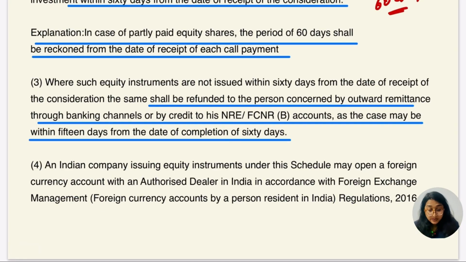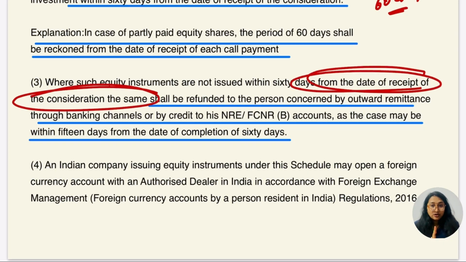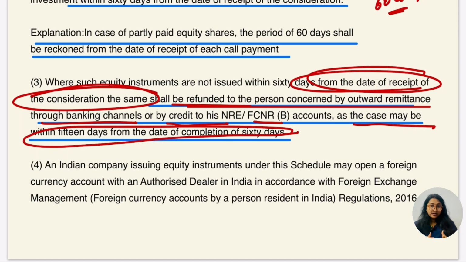I repeat, from the date of receipt of the consideration. What if it is not done within that 60 days? It shall be refunded to the person concerned by outward remittance through the banking channel or by credit to the NRE, FCNR account, as the case may be, within 15 days from the date of completion of the 60 days.